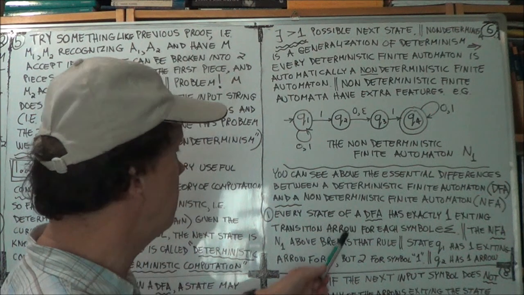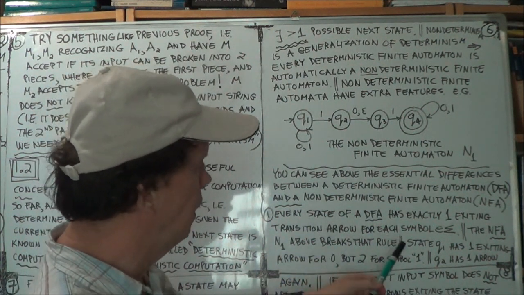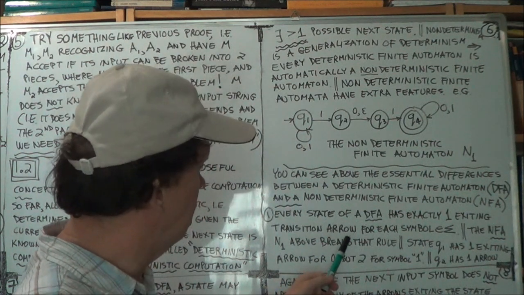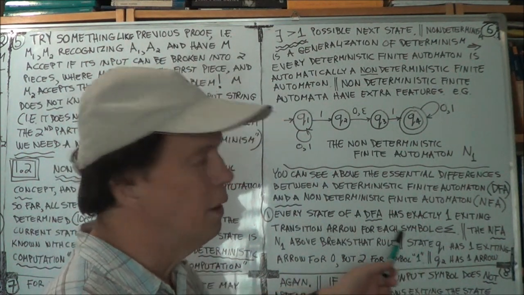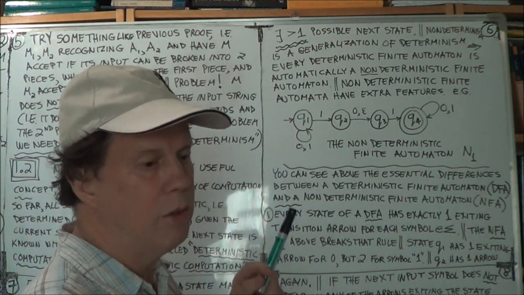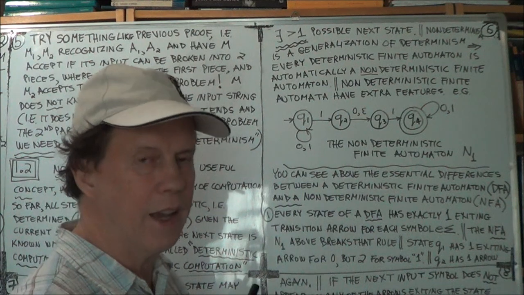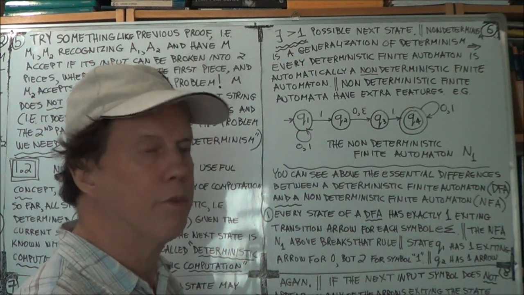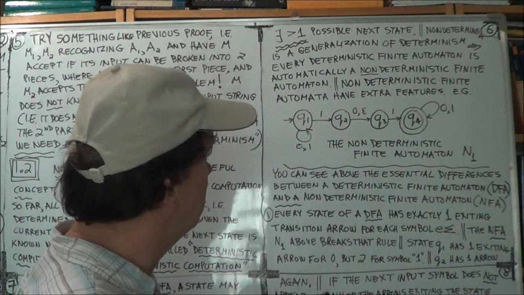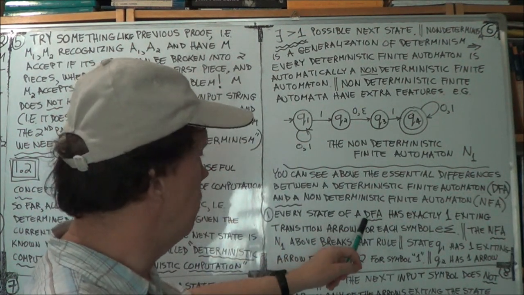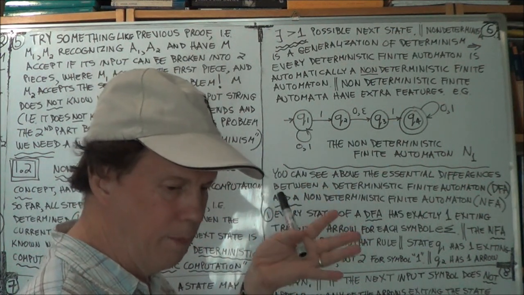With the DFA, for every state and for each symbol in your alphabet, there is exactly one exiting arrow from that state. I can say it again a different way.